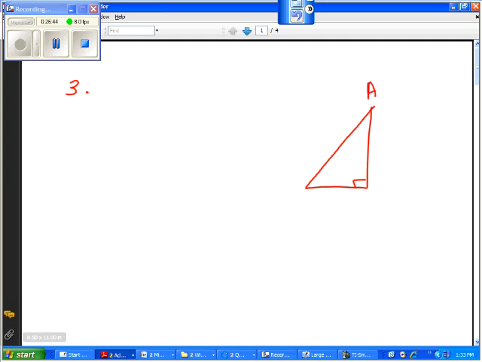We have angle A, side A, angle B, side B, angle C, side C. Number 3 said that little b was 33.2. It said that big B, angle B, was 61 degrees, and it's asking us to find little a.